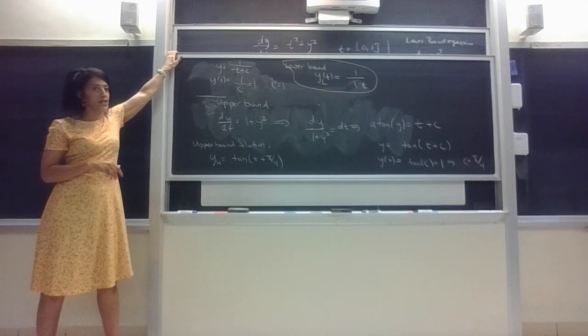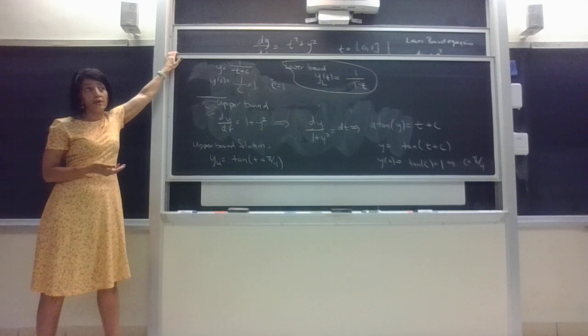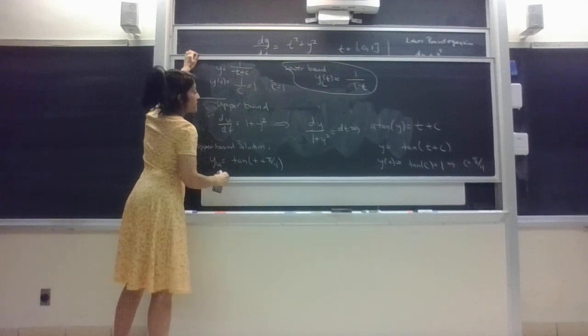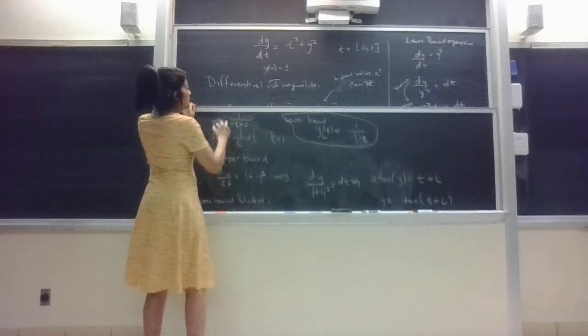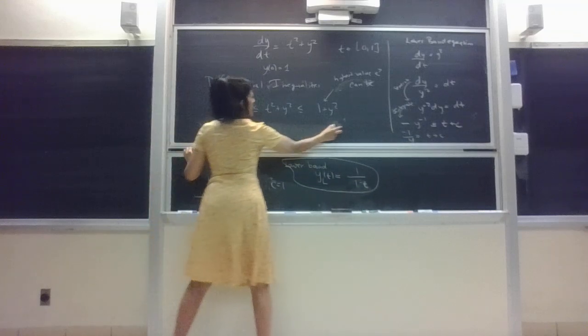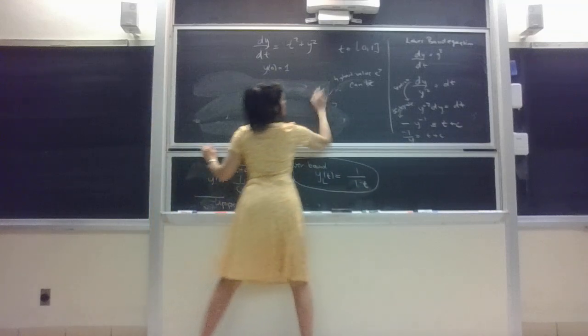All right, so you have punch cards, you don't know what it looks like, but now you have an upper bound and lower bound solution. So you can ask yourself, what happens at 1? I don't even know, this came from the book, actually.